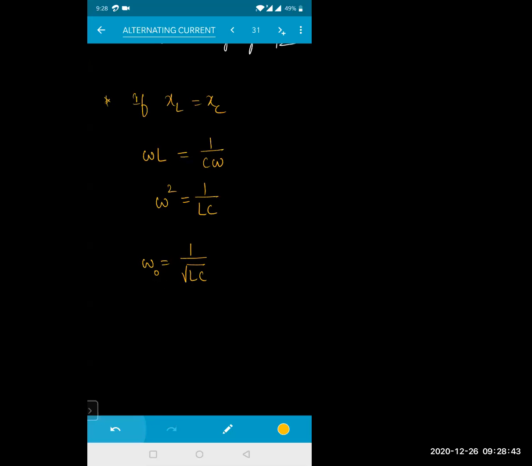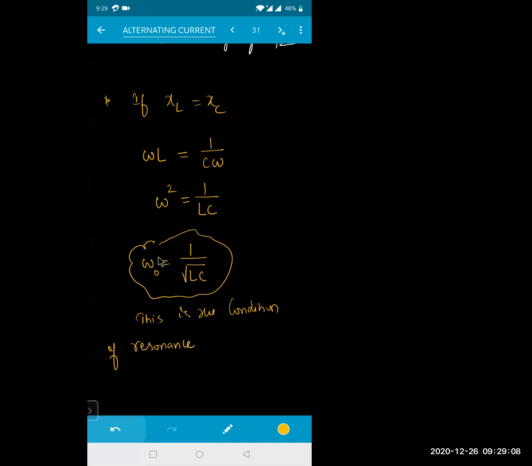This we call the resonant frequency. This is the condition for resonance, and XL must be equal to XC.